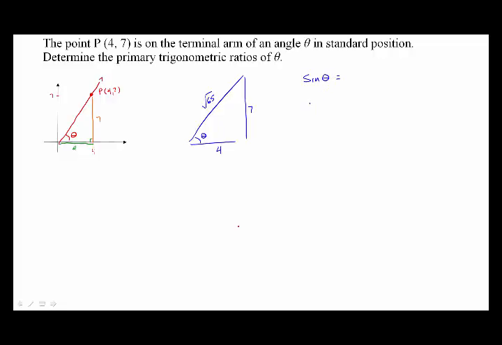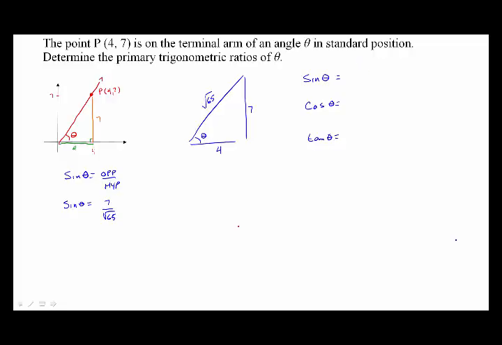Sin theta, cos theta, tan theta. Those are the answers I'm looking for. So, sin theta equals opposite over hypotenuse, right? SOHCAHTOA. So, sin theta is equal to the opposite, 7, over the hypotenuse, root 65.